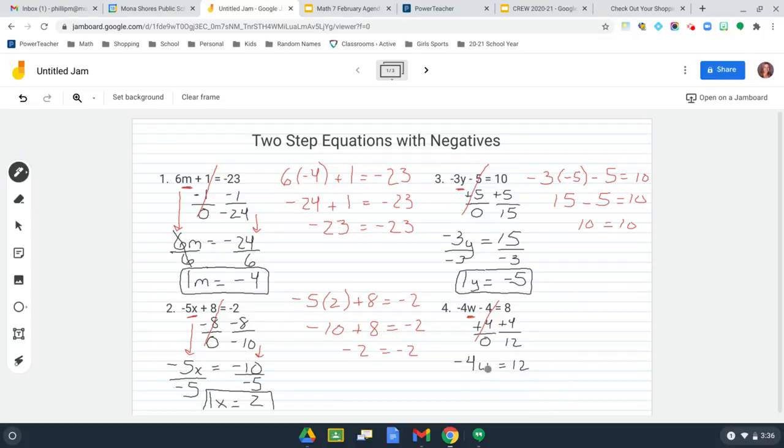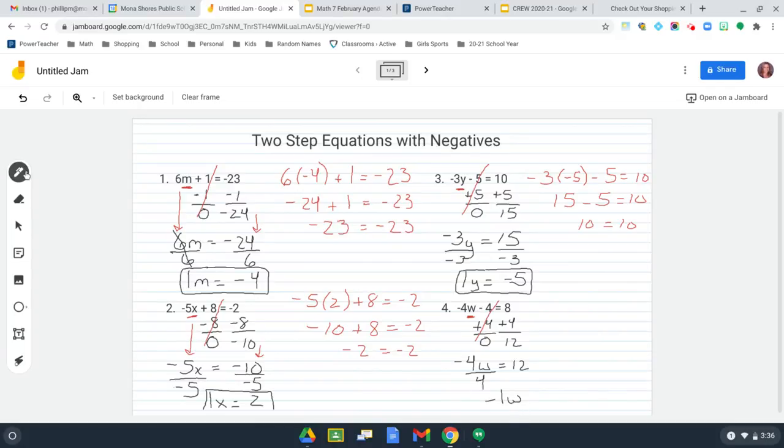So I keep saying you have to be very careful if there's a negative in front of the variable, in the second step, that you have to divide by a negative because you want a positive 1w. If you were to make this mistake, if you were to divide by a positive 4, negative 4 divided by a positive 4 is not positive 1. It's actually negative 1w. And that's not what you want.